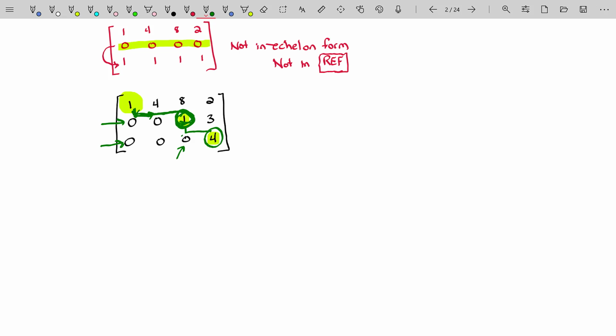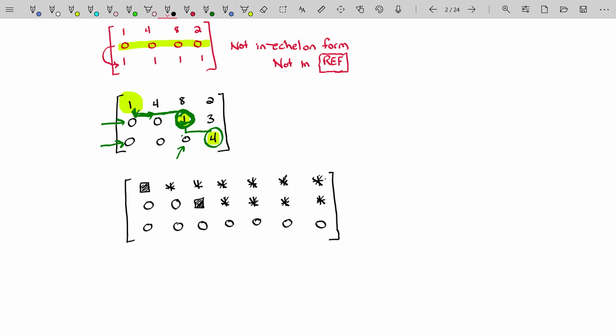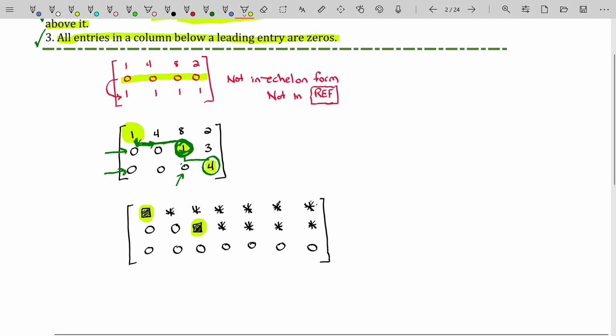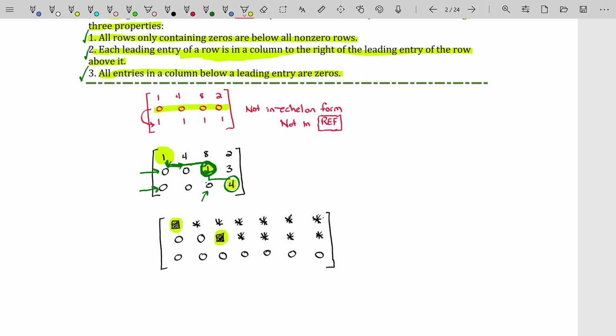Essentially what you want in the long run is to have a matrix of the form like this, where the asterisks are just some numbers, they don't actually matter, and the blocks are the leading entries in each row. So we have a leading entry in this first row, a leading entry in the second row, and notice any row full of zeros is shoved to the bottom of that matrix. So that satisfies the first condition, that all 0 rows are at the bottom.